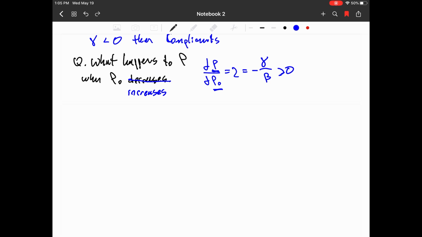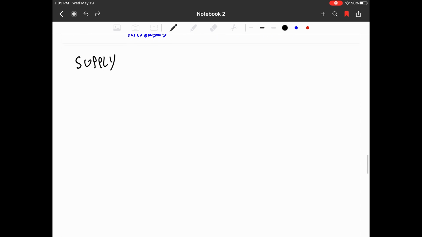All right, next we're going to discuss the other side of the market, supply. So in a similar way to demand, we can find supply using the mathematical notation S as a function of some variables. And this is going to give us quantity supplied.